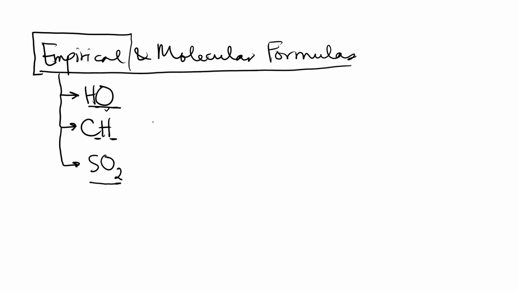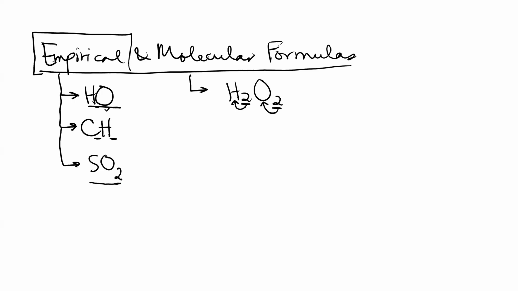On the other hand, your molecular formula shows the actual number of atoms of each element in a molecule of the compound. So the molecular formula, say for example, of hydrogen peroxide is H2O2, right? So within the hydrogen peroxide formula, we see 2 hydrogen atoms and 2 oxygen atoms in the molecule.